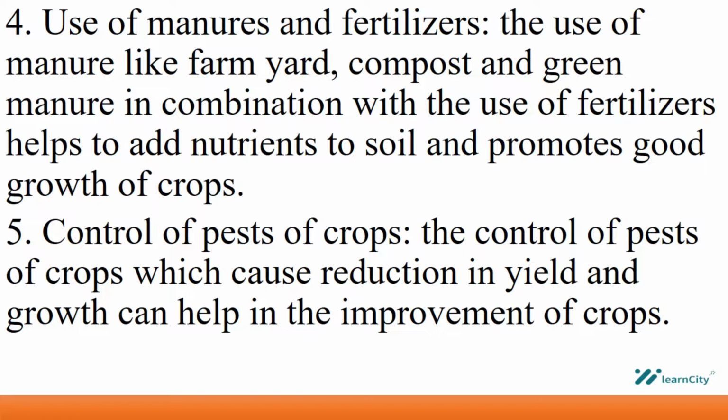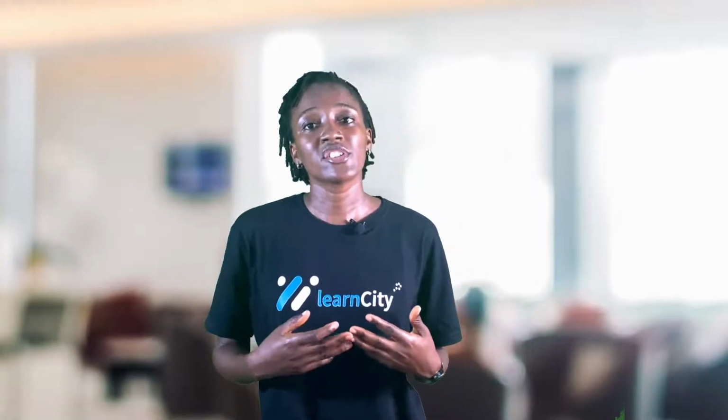Use of manures and fertilizers is another way of achieving our crop productivity. The use of manures like farmyard manure, compost, and green manures in combination with fertilizers helps to add nutrients to the soil, and it also promotes good growth of crops.